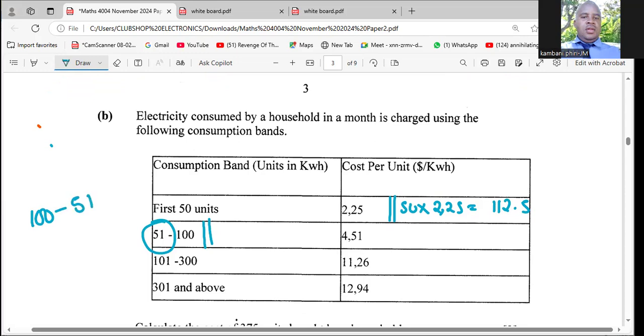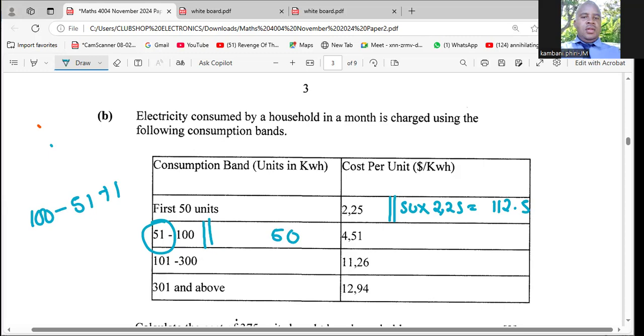What do you get? 100 minus 51, you get 49, plus 1 to be safe. So you get 50 here. So again here you have got 50.